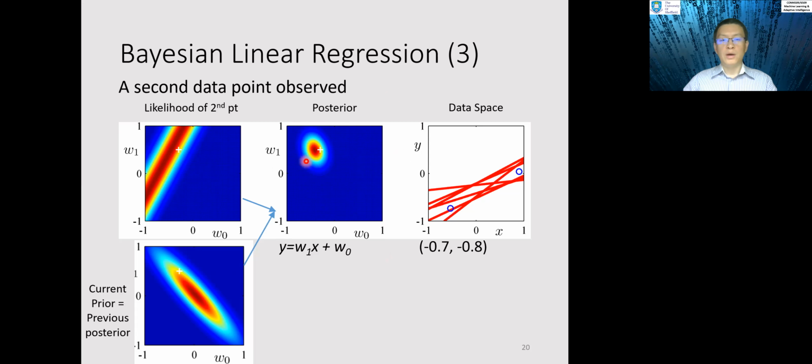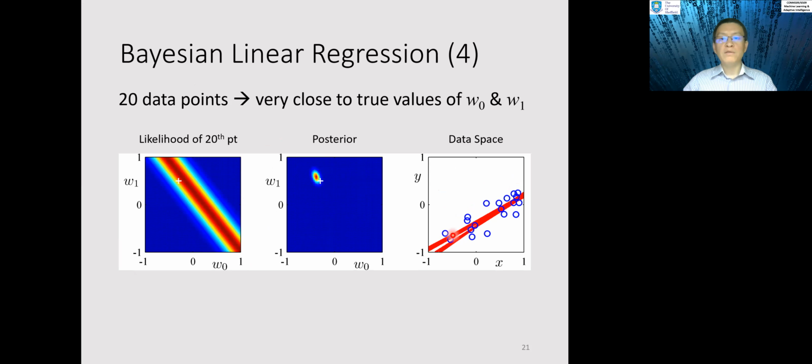Now if we repeat this process, and suppose 20 data points have been observed, this is the likelihood of the 20th data point. After we multiply this with the current prior distribution, we will have a posterior like this.